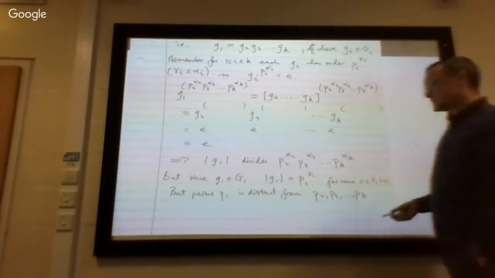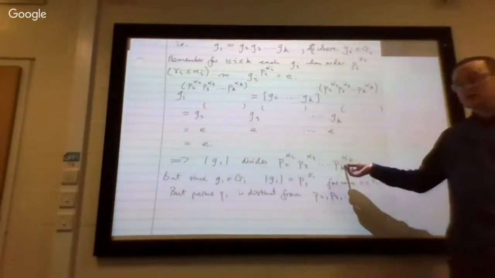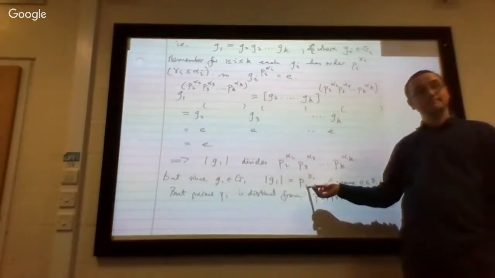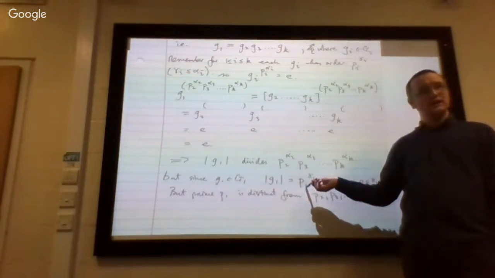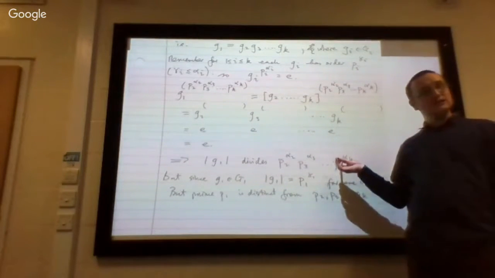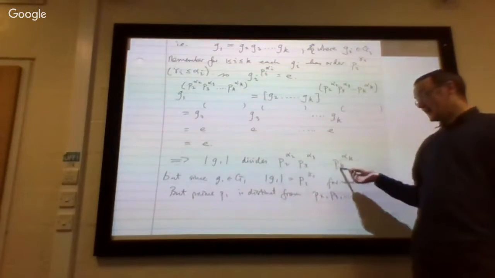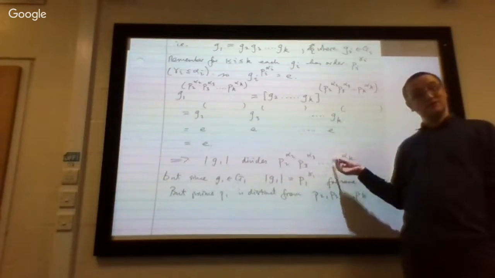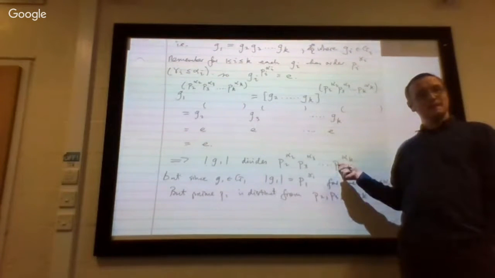So we're trying to say simultaneously that the order of G1 divides this, and that the order of G1 is a power of P1. But generally that looks wrong. How can a power of a prime P1 divide into, be a factor of, a product of a load of different primes? You can only divide into a product of a bunch of primes if you are one of the primes, or a power of primes that is a subset of this.